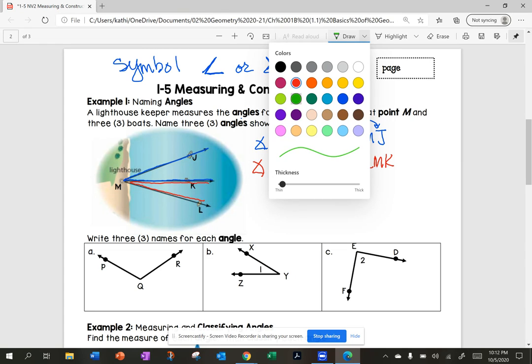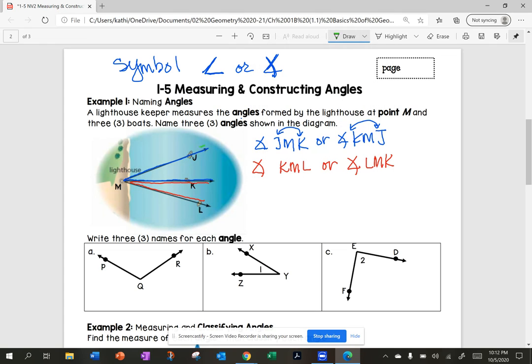And the third angle is the whole angle here. So this is angle JML or angle LMJ. So what's really key is M is the middle letter, which is the vertex.